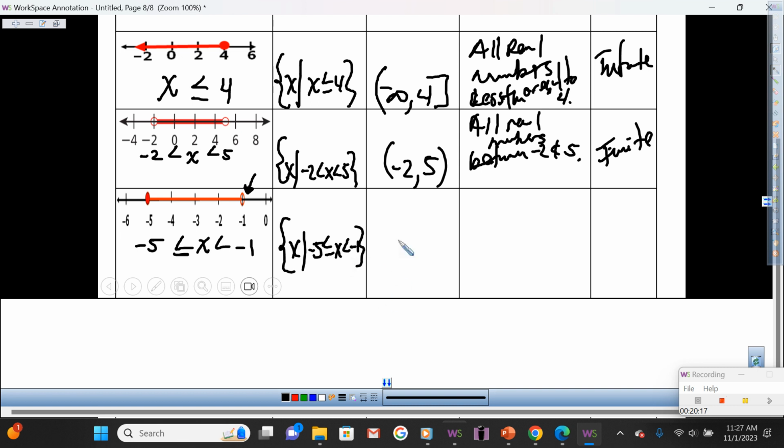Anyway. Next notation, interval, what you write. Martin. -5 and -1. Parentheses on which one? On both?